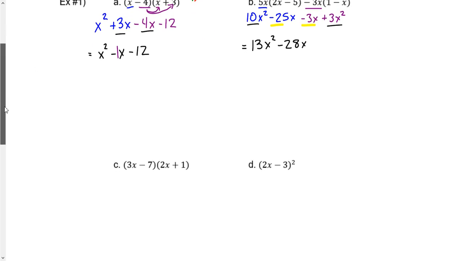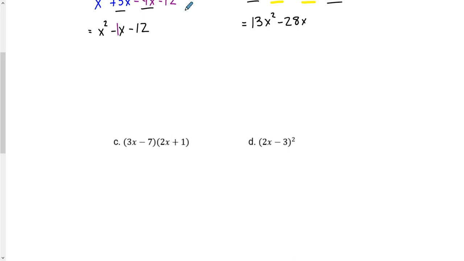The next two, let's go even a little bit faster. 3x gets distributed onto each of those terms. I don't necessarily need to write the arrows because I can do quick multiplication in my head. 3x by 2x is 6x squared. 3x by positive 1 is 3x.